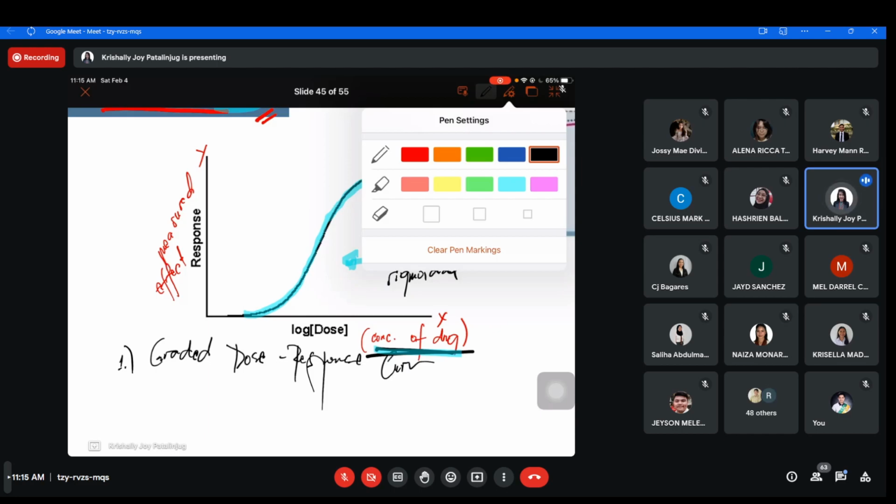And then the other one is the quantal dose response curve. Okay? So ito yung dalawa na i-discuss natin na dose-response relationship, the graded and the quantal. Let's begin with the graded dose-response. Ayan, next slide.